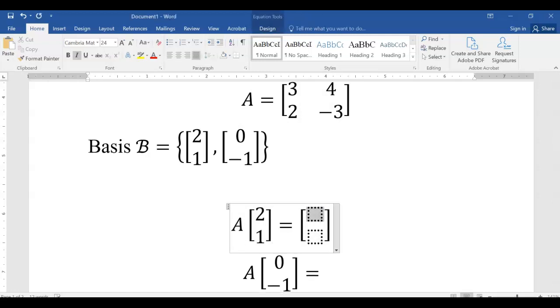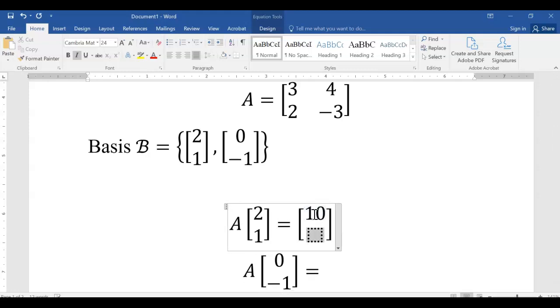Hopefully I didn't do that too quickly. You can always use your calculator as well. 2, -3 times 2, 1: 2 times 2 is 4, -3 times 1 is -3, 4 plus -3 is a positive 1. So I got the vector 10, 1.